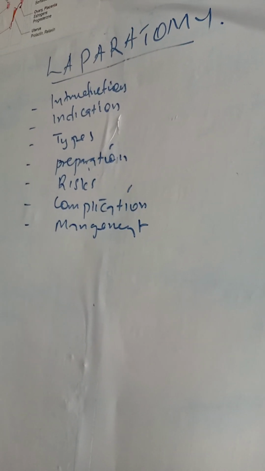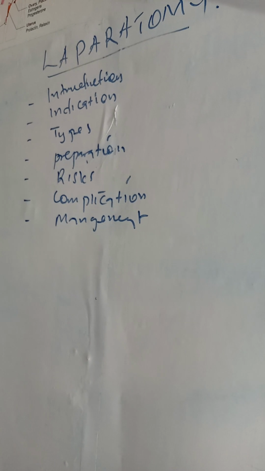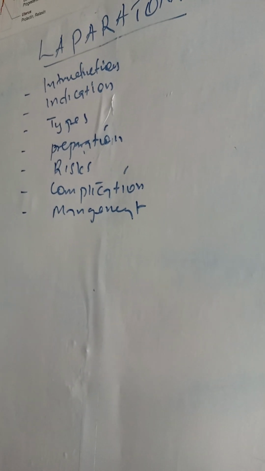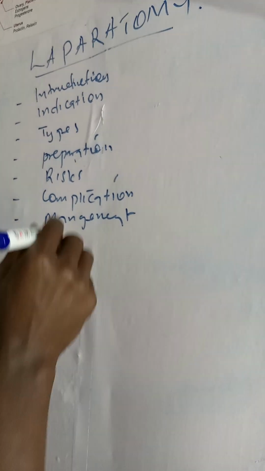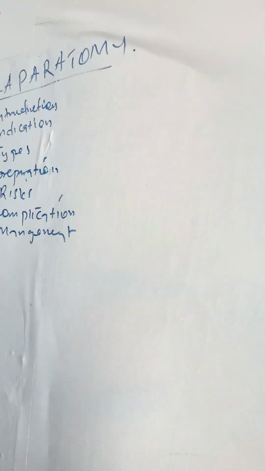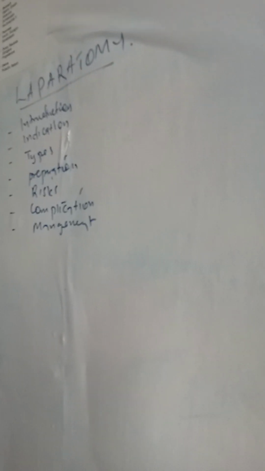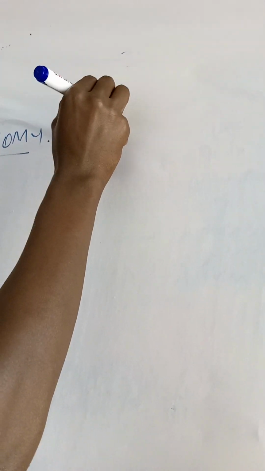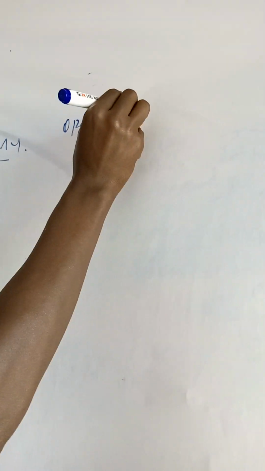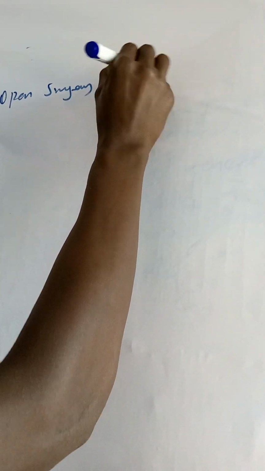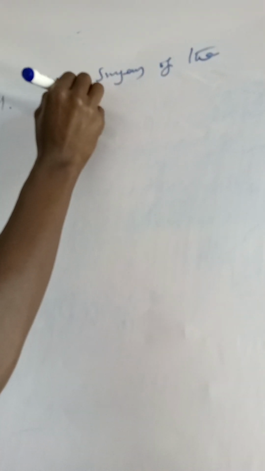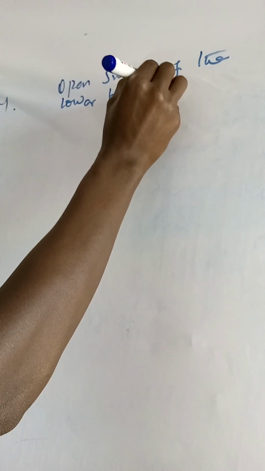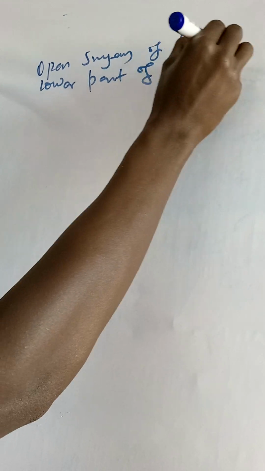Now, straight away, laparotomy is the type of open surgery of the abdomen. Laparotomy means open surgery of the lower part of the abdomen.